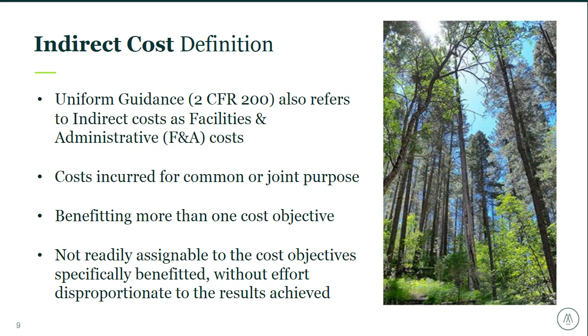And then this is the caveat that I think is important to keep in mind when we're thinking about what's indirect: because they're not readily assignable to a cost objective where you can see the benefit that the entity receives, you only have to do those types of allocations if the effort is not hard. So it says if the process to go through a more detailed allocation is difficult or disproportionate to the results achieved, that's an opportunity to say something's indirect.